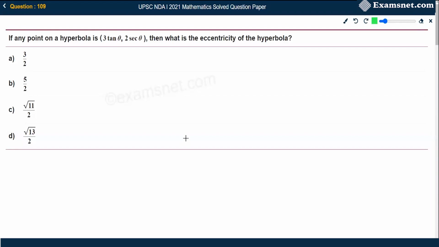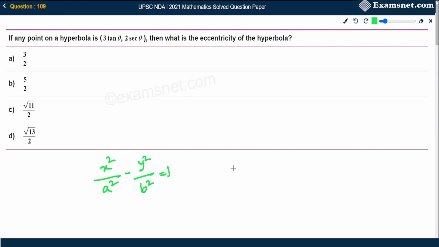In question number 109, we have seen that if any point on a hyperbola is (3 tan theta, 2 sec theta), then what is the eccentricity of the hyperbola? So first, let's talk about the hyperbola. What is the general equation of a hyperbola? That is x square by a square minus y square by b square equals 1.